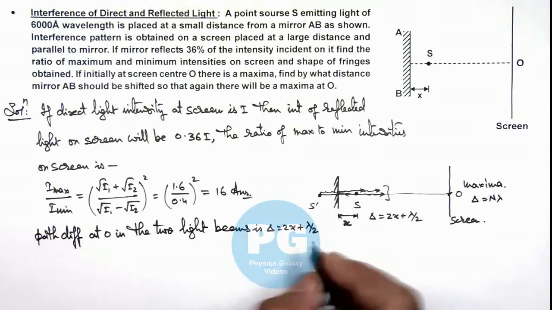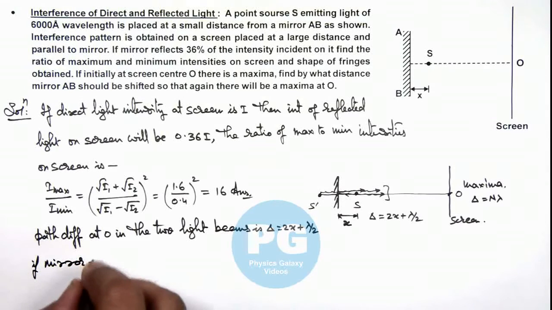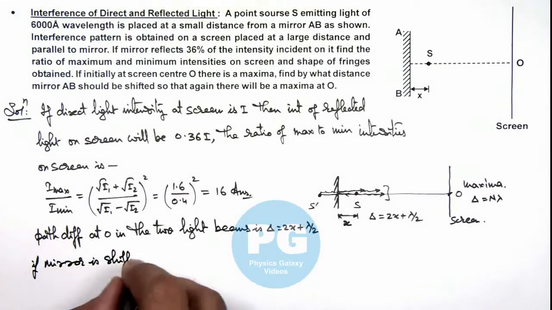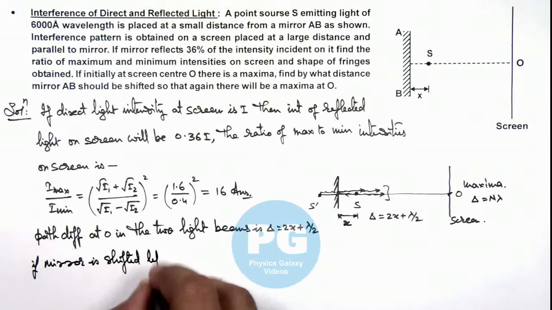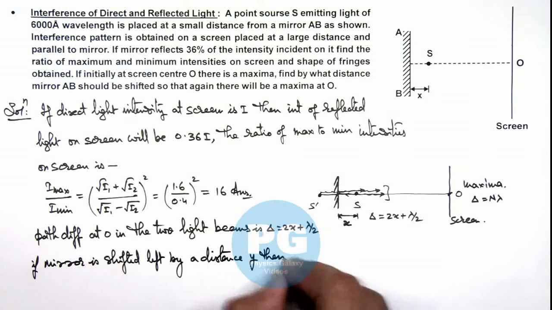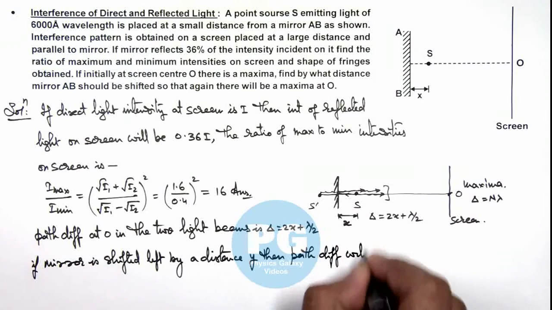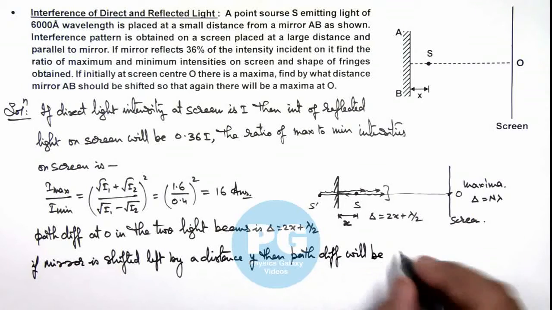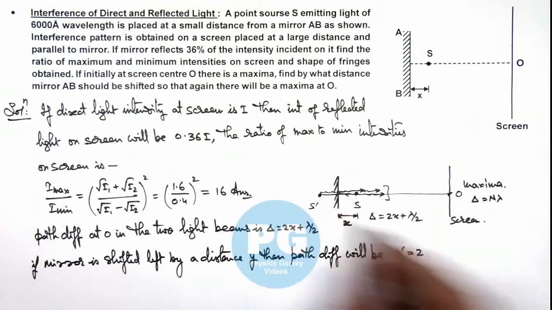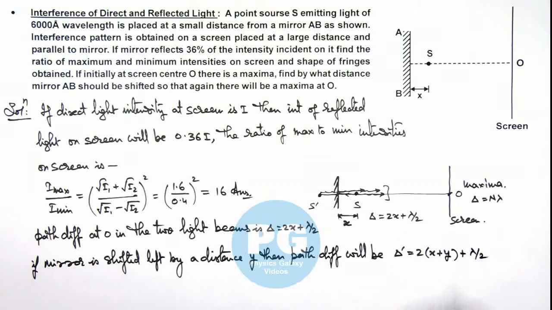Now here we can write, if the mirror is shifted left by a distance y, then the path difference will be delta prime, and this can be written as twice the new distance, x plus y, plus lambda by 2, which is still there.